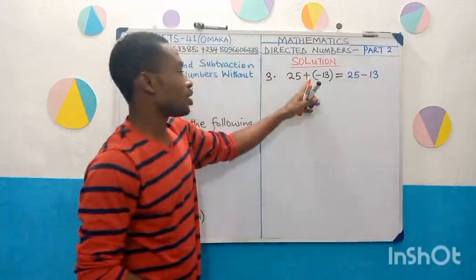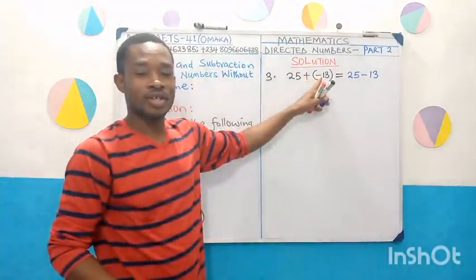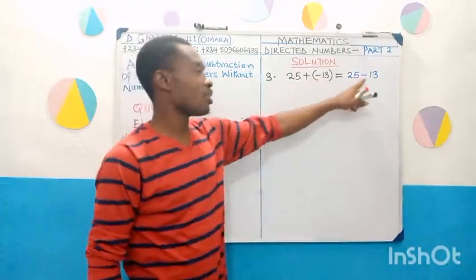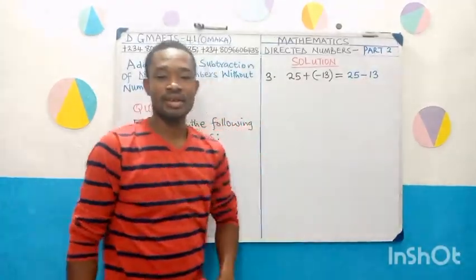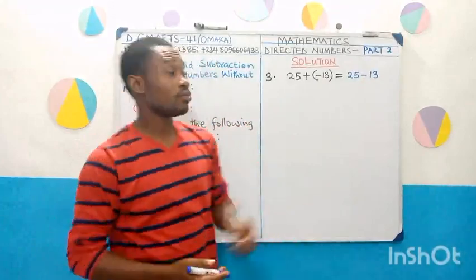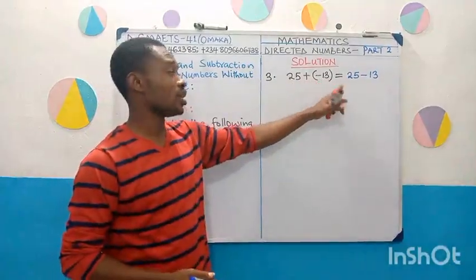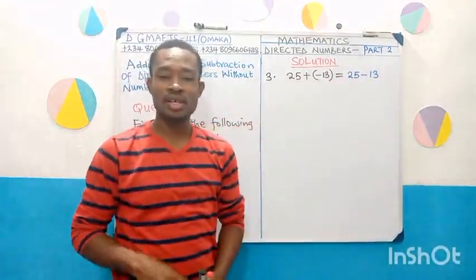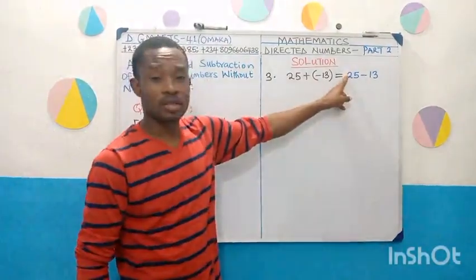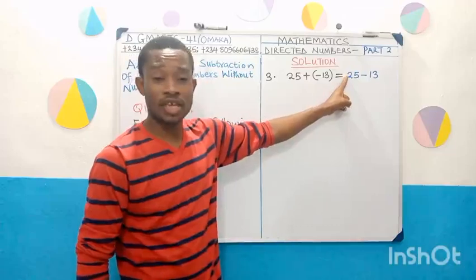You know why? Plus minus will give us what? Minus. Same as plus times minus. You get minus. So this 25 plus minus 13 is the same as 25 minus 13. Did you notice something here? This 25, the sign is plus because there is no sign in front of it.